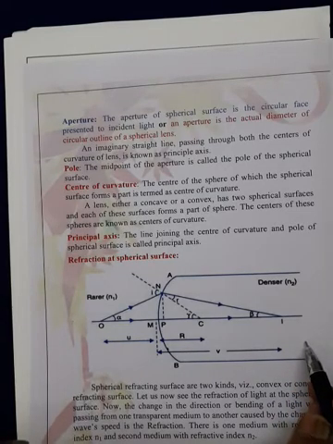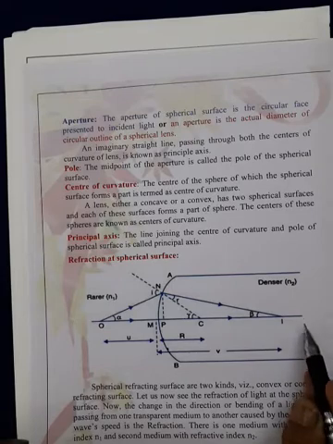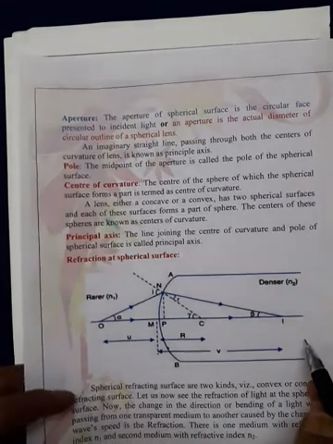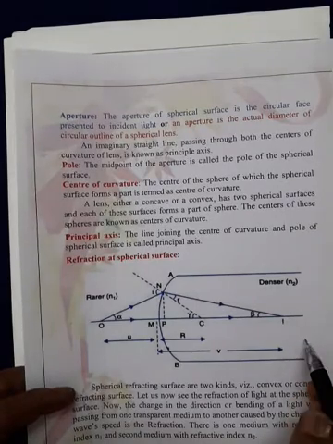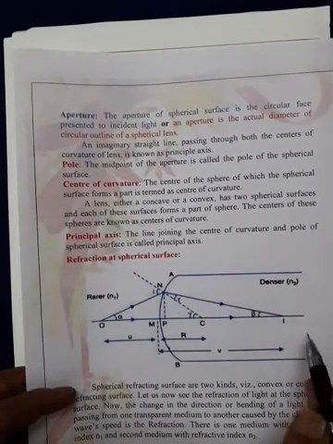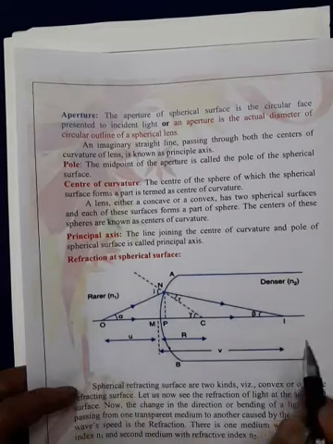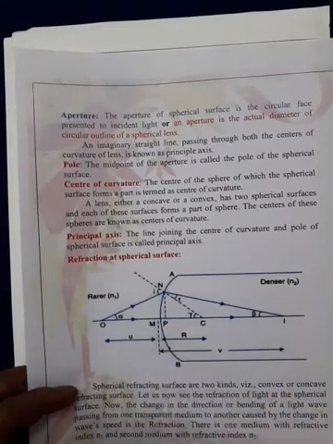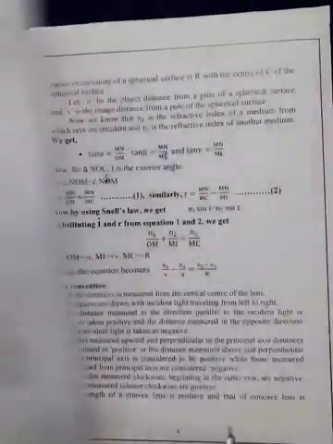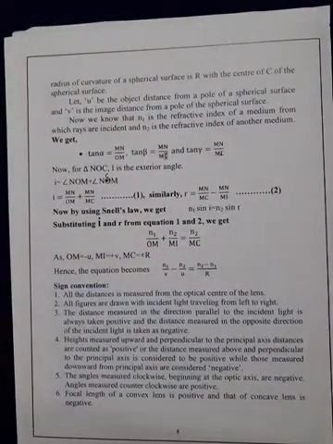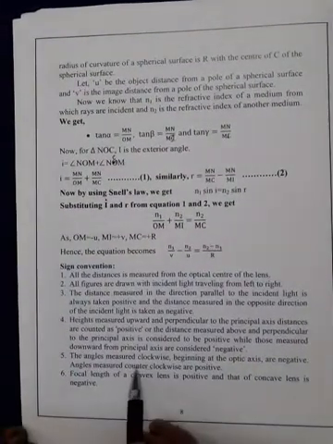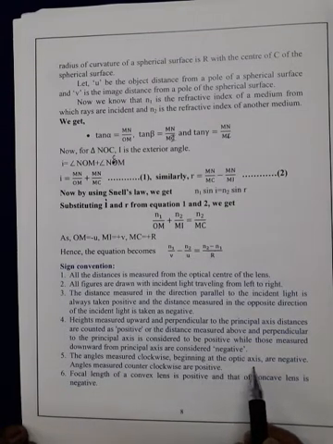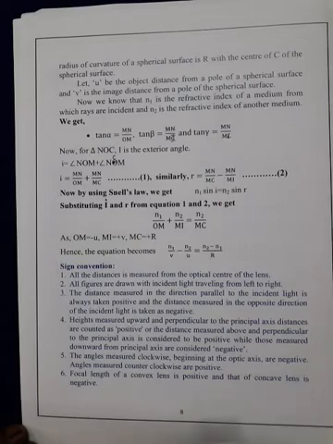This is only the direction in which we are measuring the distance from the principal axis. The negative or positive sign gives only the direction in which we are going to measure the distance or length. The angles measured clockwise beginning at the optical axis are negative.